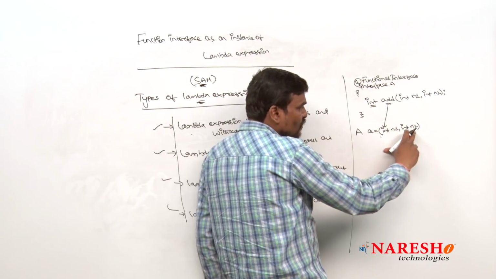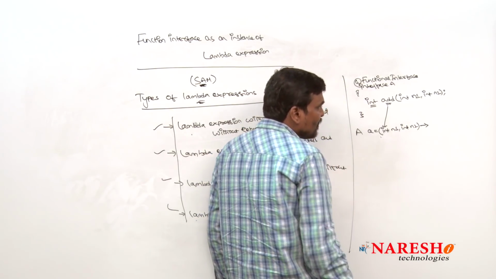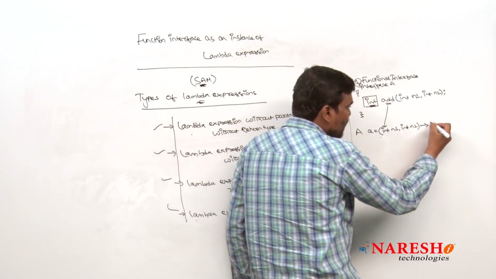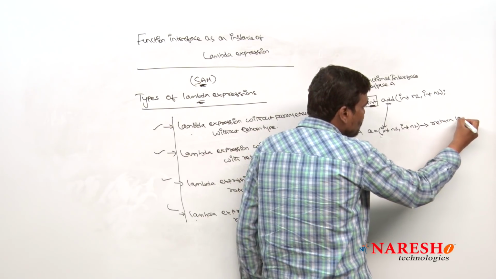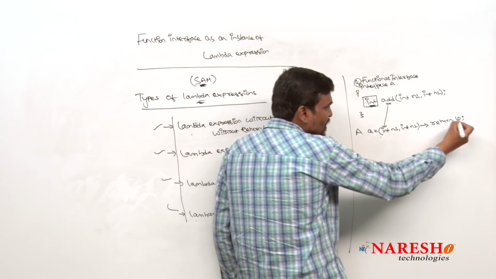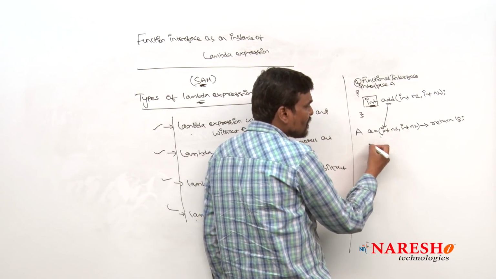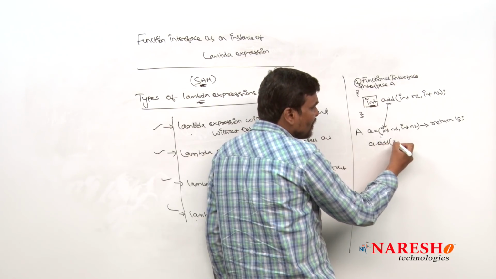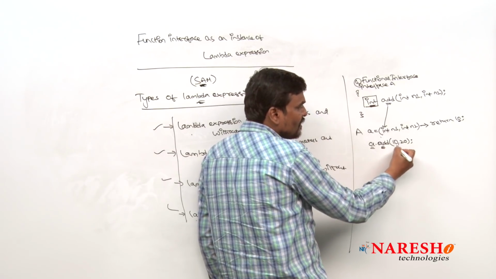Now this has two parameters, then a hyphen and greater than. Now this will return a value of which type? Integer type. So I say return some 10. 10 is a value of which type? Integer type. So what will happen when I compile this, or when I say a.add(10, 20)?